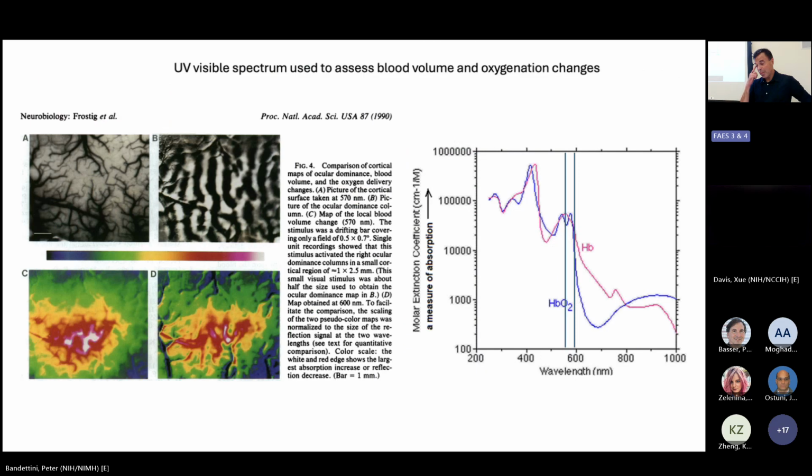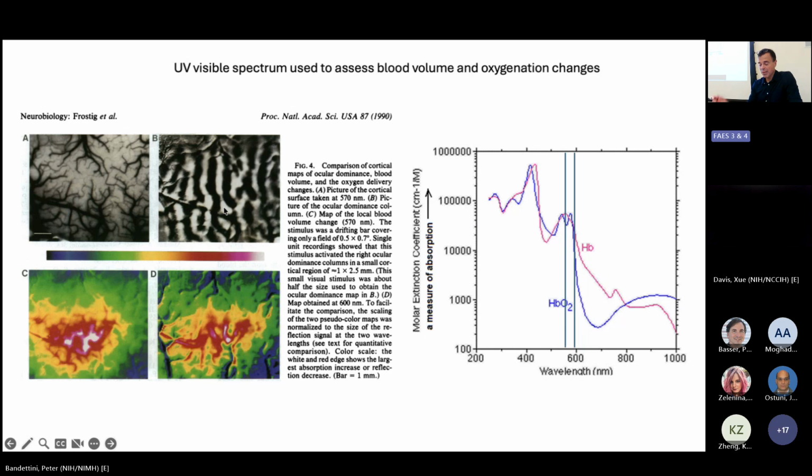And there was another nice paper by Frostig, using a slightly different range of frequencies. This is the UV's visible spectrum. This was a demonstration of the hemodynamic response with visual stimulation.